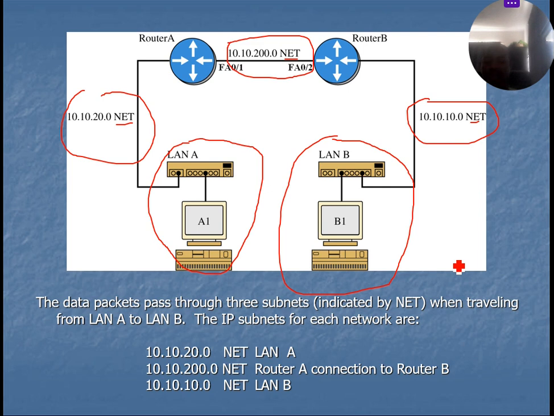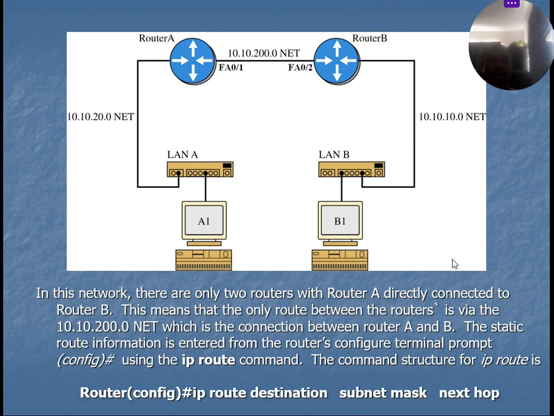So these are the 3 IP subnets that are available, whose routing has to be created in order for a data packet in LAN A to be forwarded to a computer in LAN B. Now, in this network, there are only 2 routers as we illustrated.